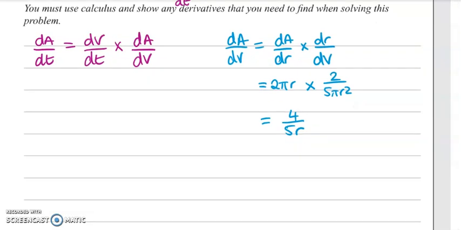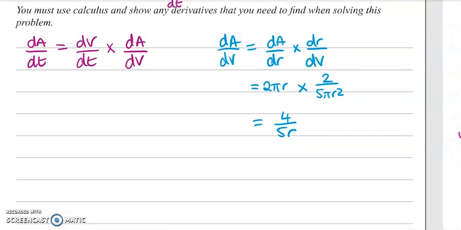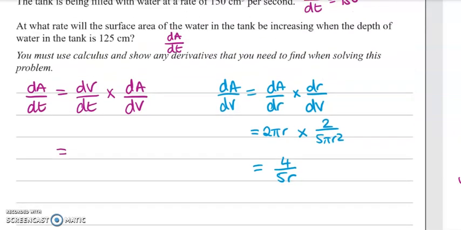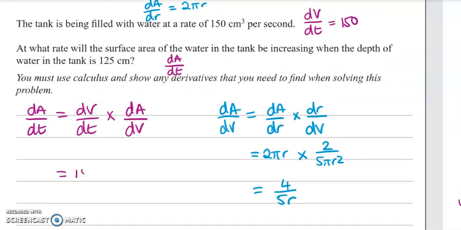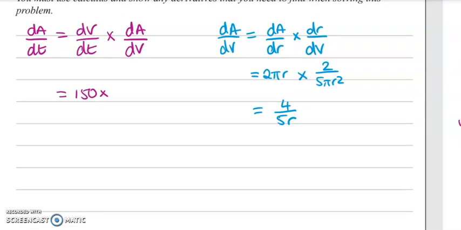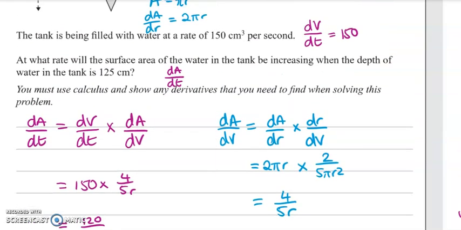Okay, now we can go back to working out dA by dt. So we can substitute in dV by dt, that was this 150 up here, and dA by dV that we just worked out over here is 4 over 5r, which equals 120 over r when you put them together. So when h is 125, because this was what we were trying to work out from the beginning, what's that rate when the depth of the water is 125?